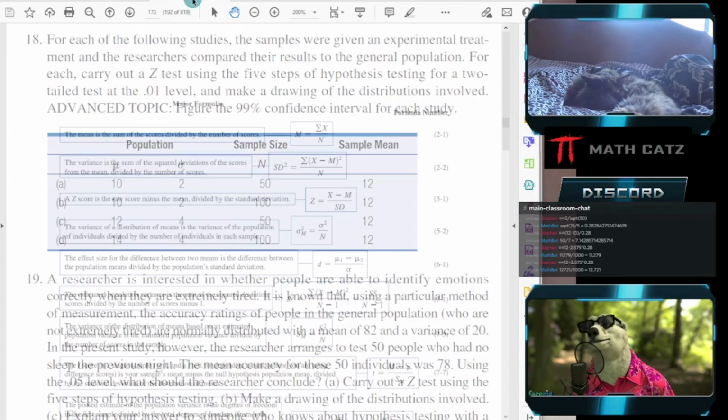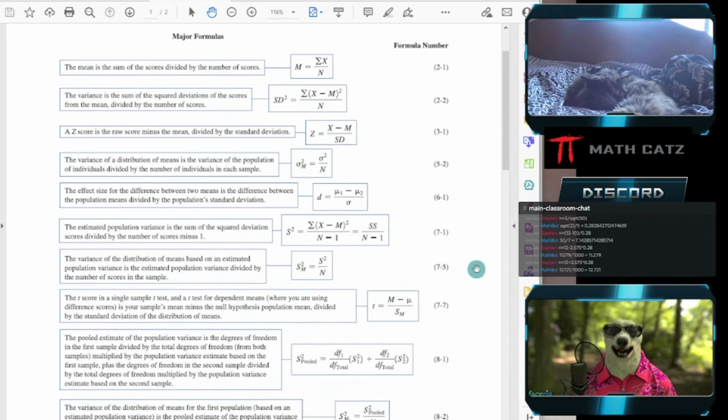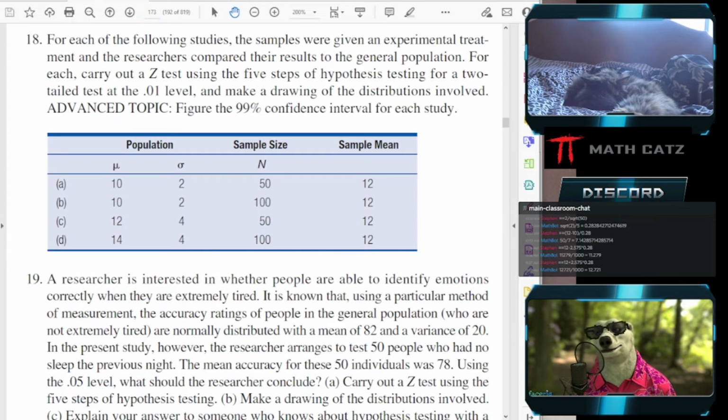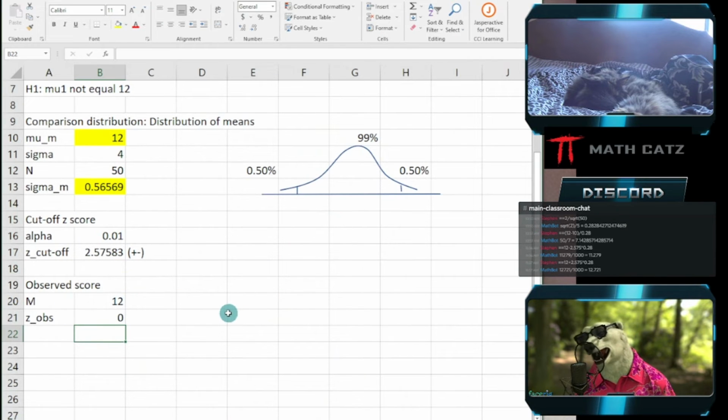Whoops, no, I want the formula sheet. It's not explicitly on our formula sheet, but 3-1 is a good reminder for how that works. 7-7 is as well, but that is a future topic, so I don't want you to get confused by looking ahead at formulas that aren't quite the same. So, of course, our z observed is going to be 0, as I suspected.